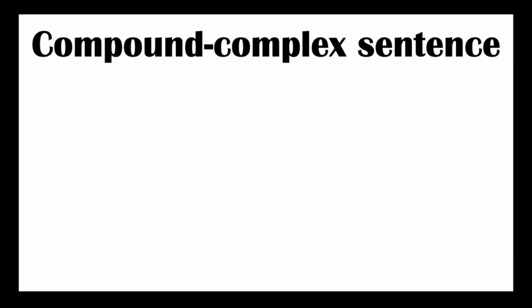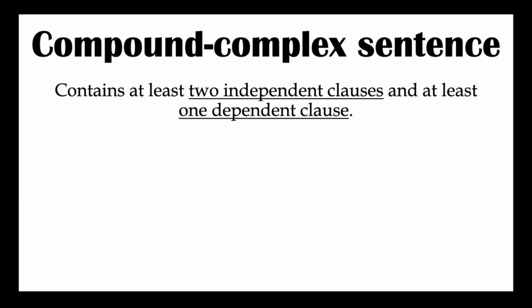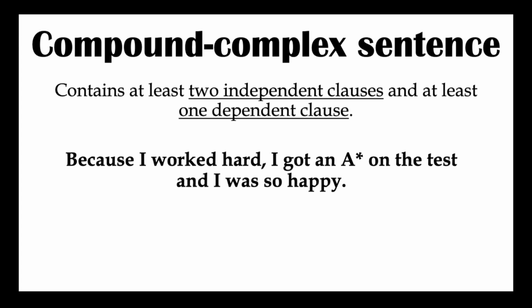Compound complex sentence. A compound complex sentence contains at least two independent clauses and at least one dependent clause. For example, because I worked hard, I got an A star on the test and I was so happy.